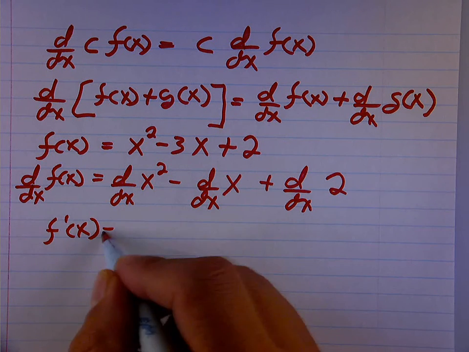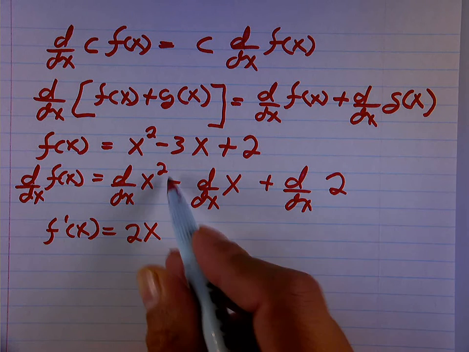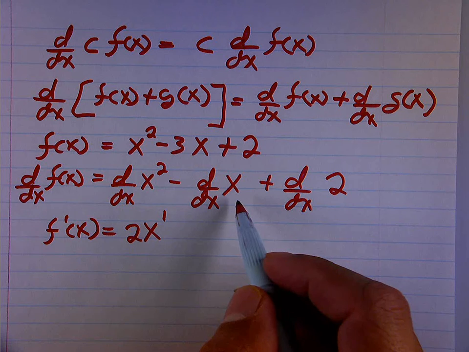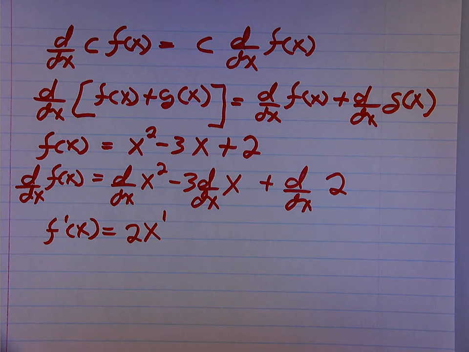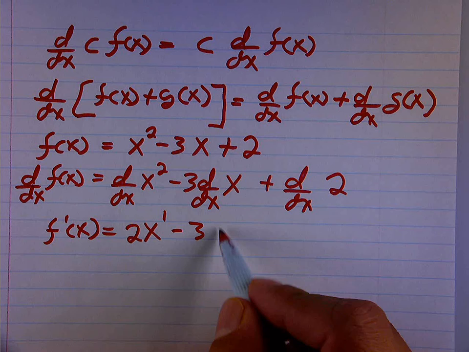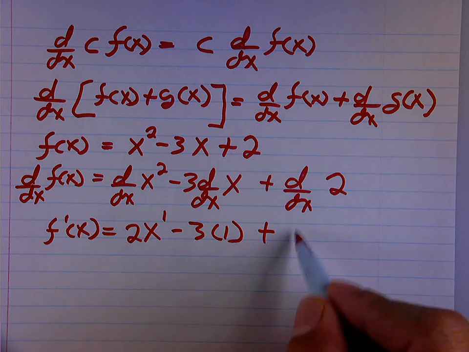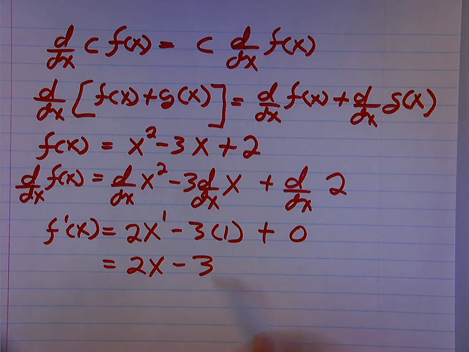F prime of x equals the derivative of x squared, which is 2 times 1, subtract 1 from the exponent. Minus 3 times the derivative of x, which will be 1, plus 0, or simply 2x minus 3.